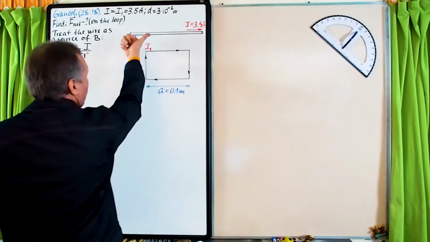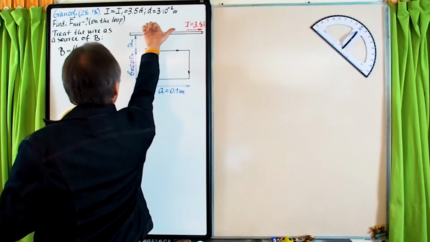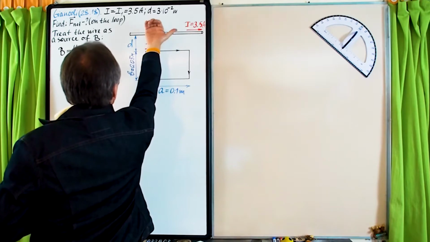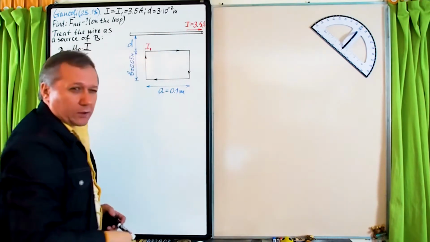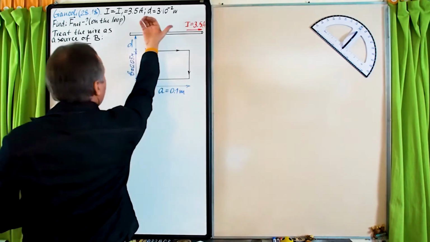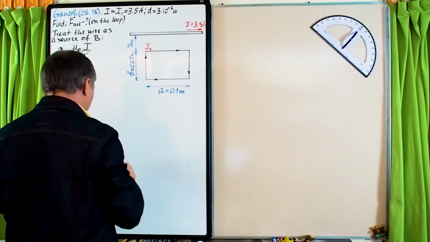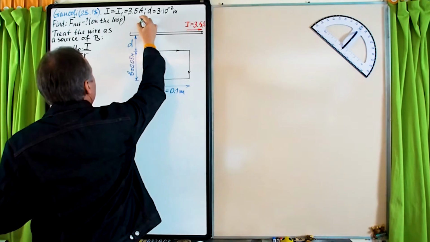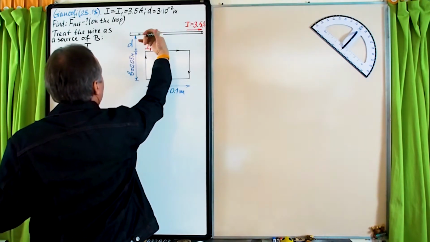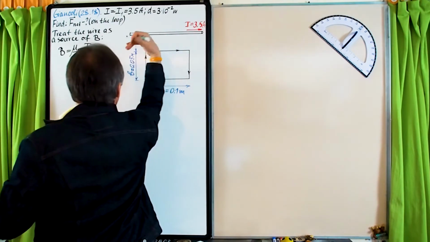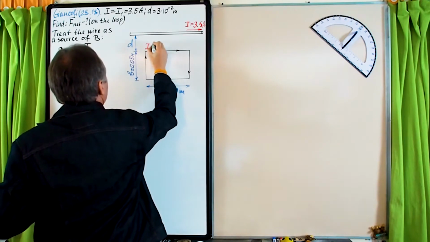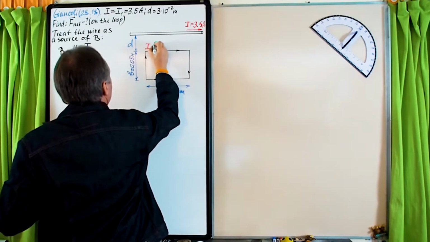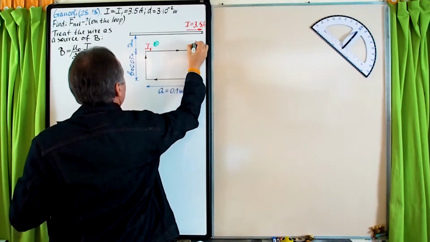So in this case, outstretch my thumb, curl my fingers. So above, the magnetic field will be out of the page, and here into the page. Okay, so now let me draw this. So here I said into the page, so we're going to have crosses. I will draw something like this.